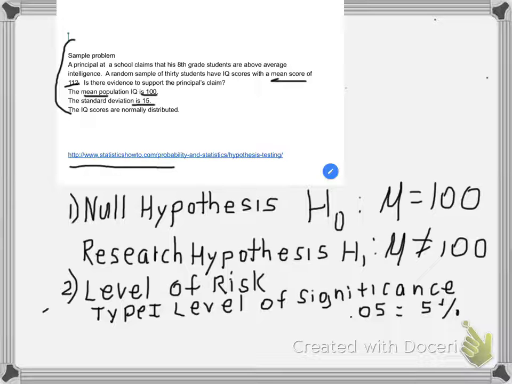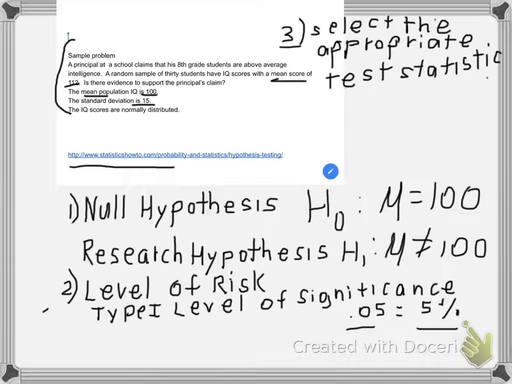In step 2, we said that we're going to set the level of risk, or the type 1 level of significance, at 0.05, which is equal to 5%.